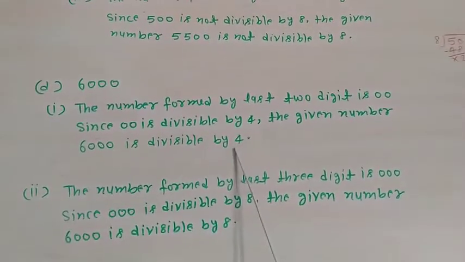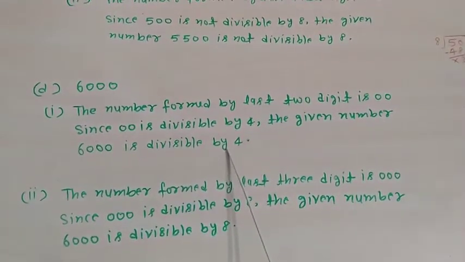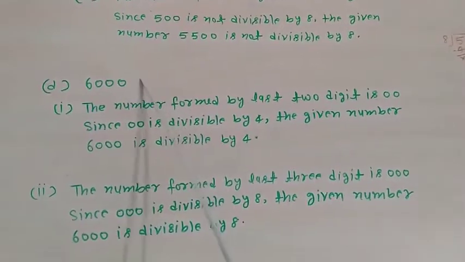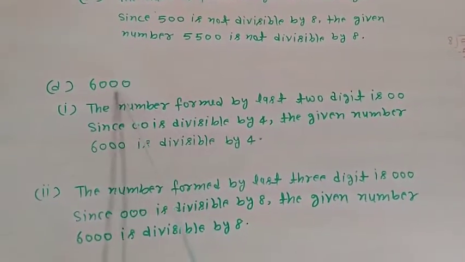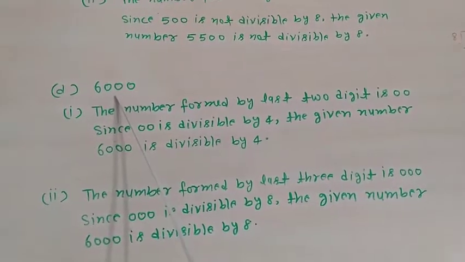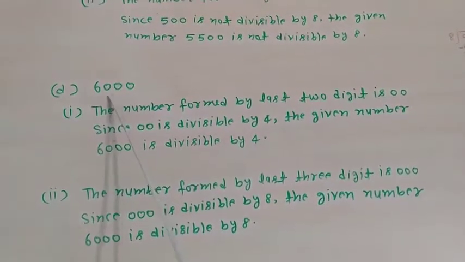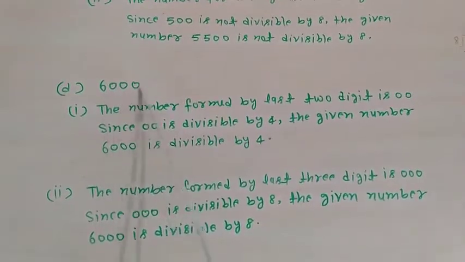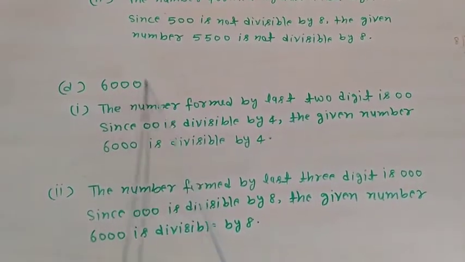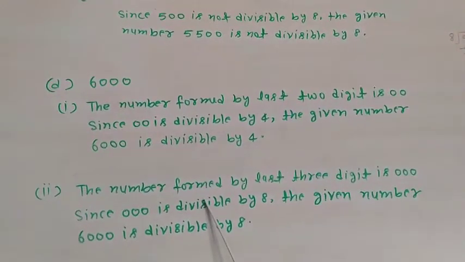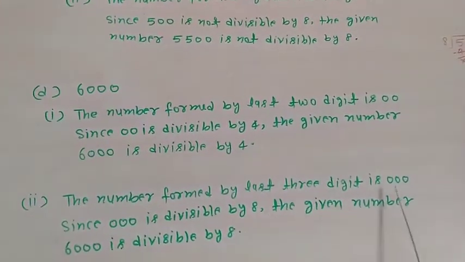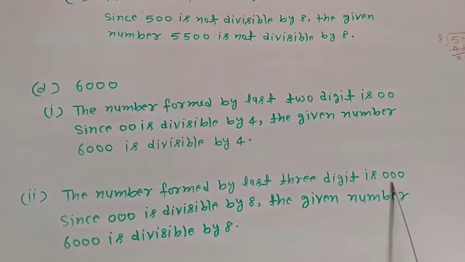Okay, now we check whether 6,000 is divisible by 8 or not. We see the last 3 digits. You can see the last 3 digits are 000. So the number formed by the last 3 digits is 000.